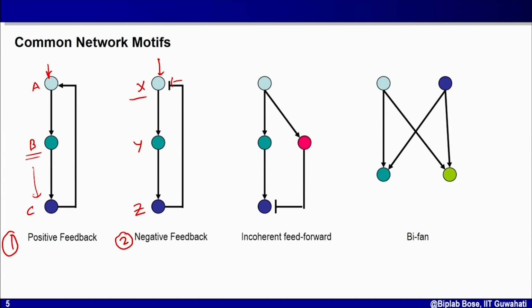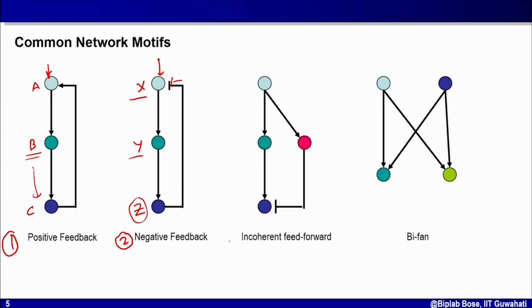So when X becomes activated, it works on Y and converts Y into an active enzyme. Once Y is activated, it works on Z and converts Z from inactive form to active form. Now Z becomes an active molecule and it goes and inhibits activation of X. It inhibits the function of X. So I have a negative feedback.